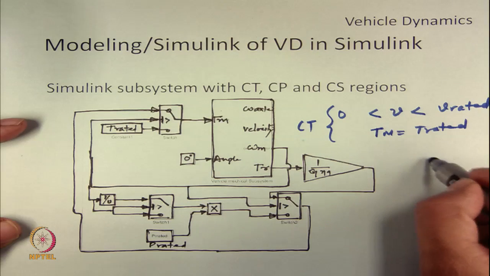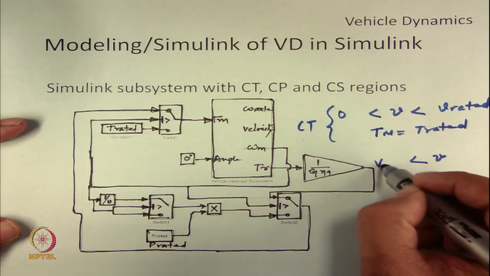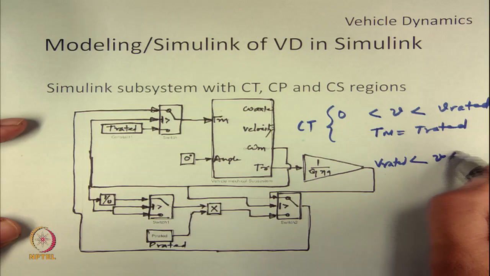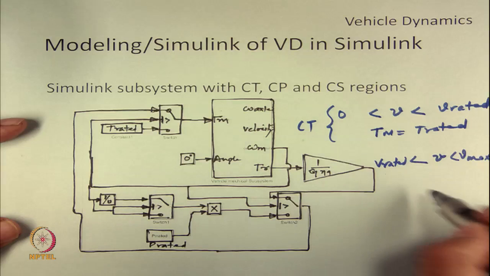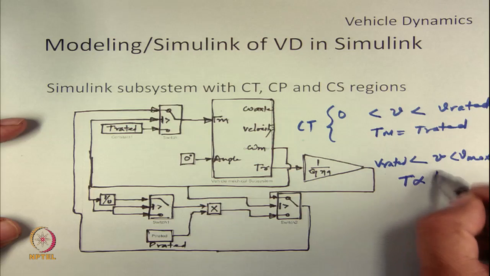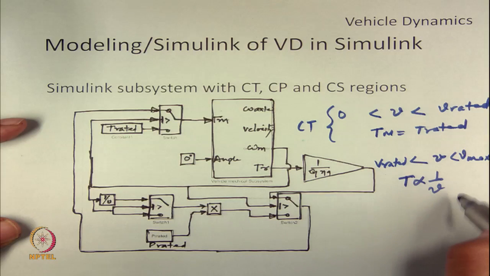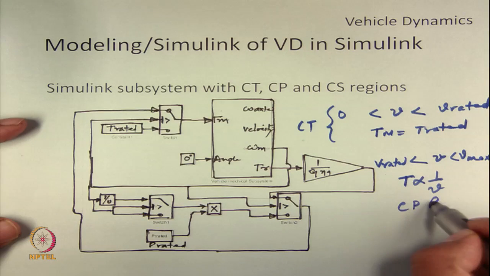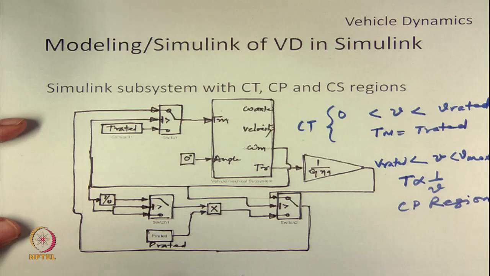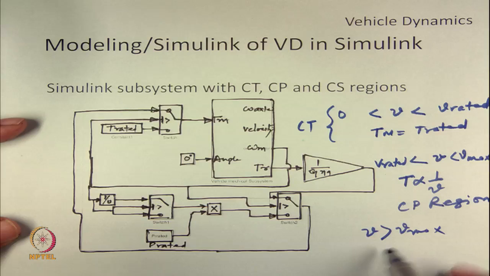So, this together is constant torque region. Similarly, when the velocity is between V rated and V max, and torque is inversely proportional to velocity, this region is basically constant power region, and when the velocity is greater than V max, we say it is constant speed region.